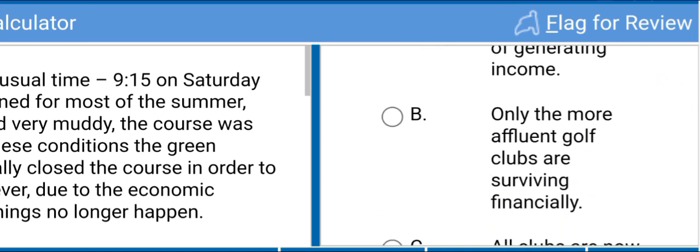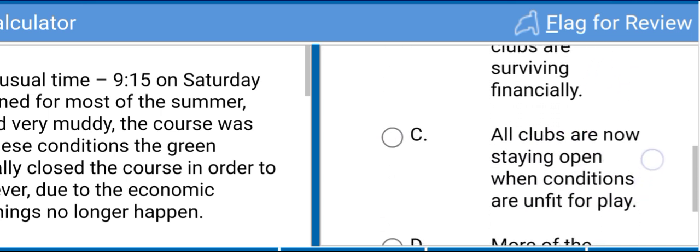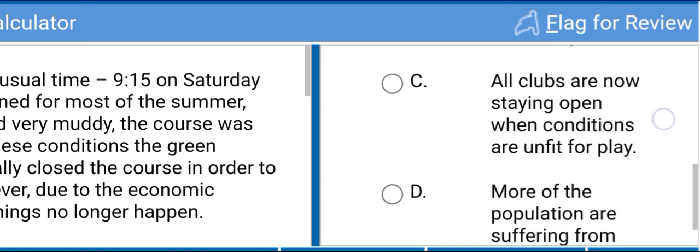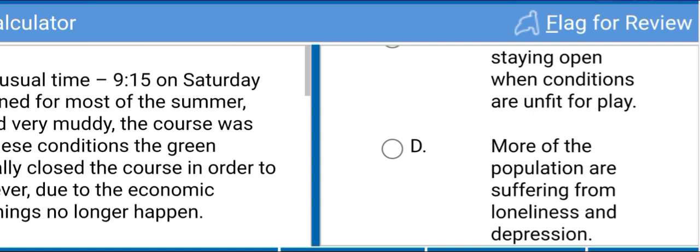Option B, only the more affluent golf clubs are surviving financially. Option C, all clubs are now staying open when conditions are unfit for play. Option D, more of the population are suffering from loneliness and depression.